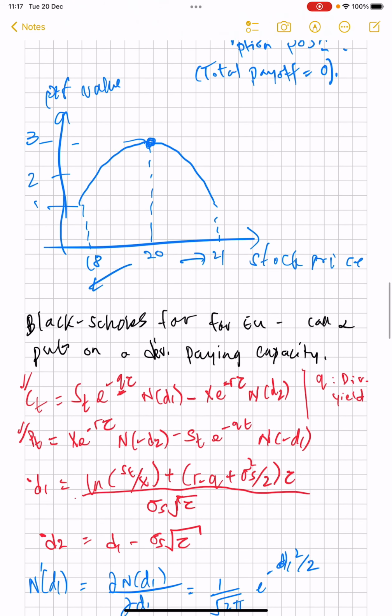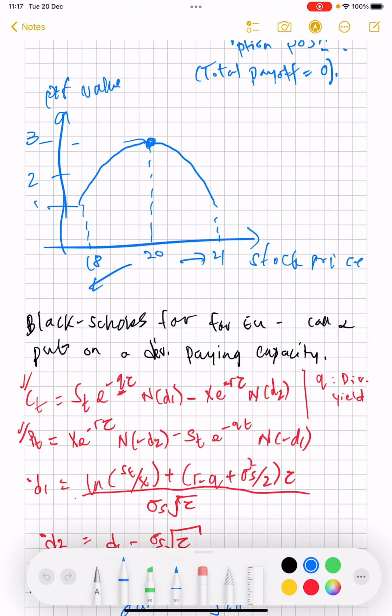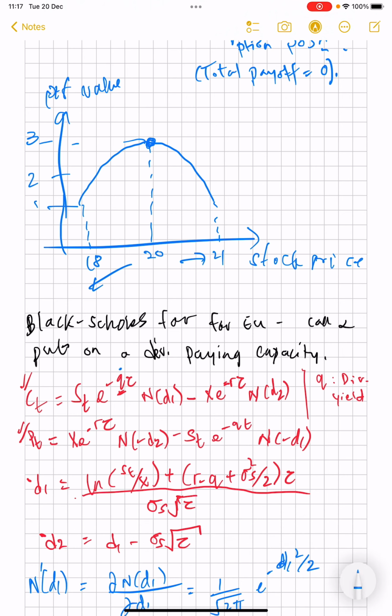And then you have Black's formula for a European call option and a put option on a dividend paying asset. So I'll give you the equation for CT and PT, where you have a new variable being introduced here, which is the dividend yield, Q being the dividend yield.